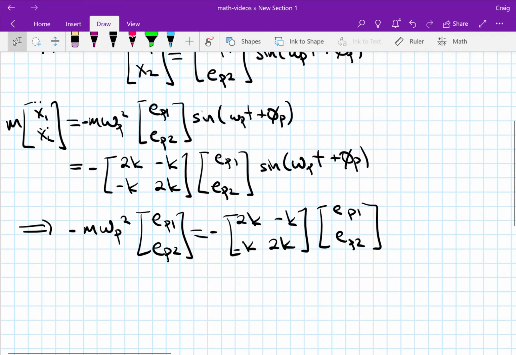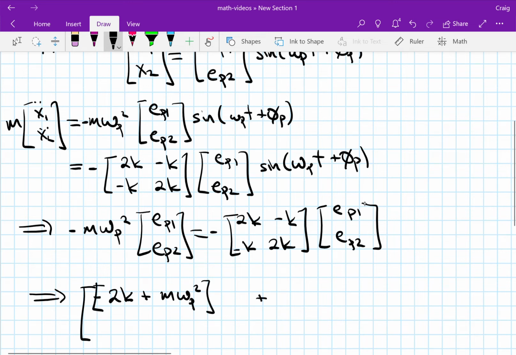And so we will bring everything over onto one side, and we will say that this implies that negative 2k plus m omega p squared, that's my first entry, that matrix.